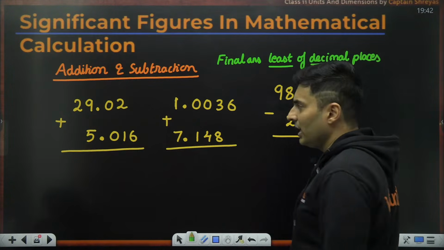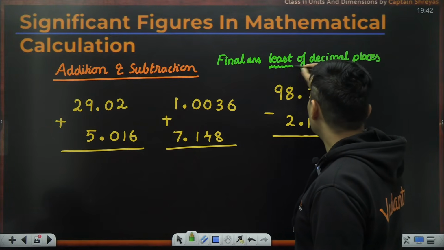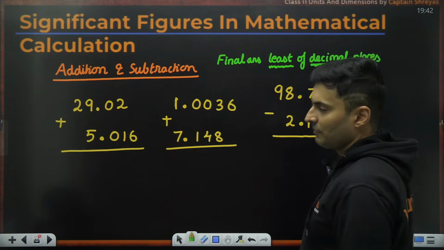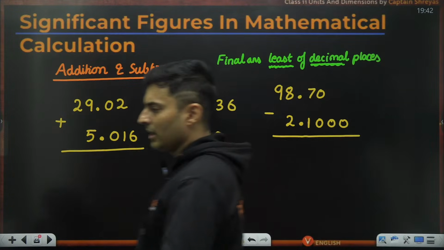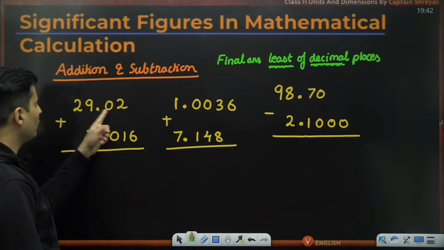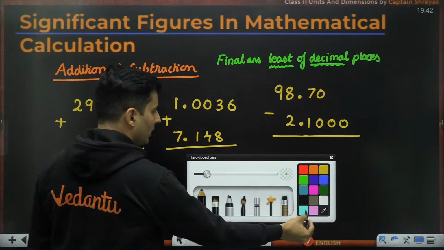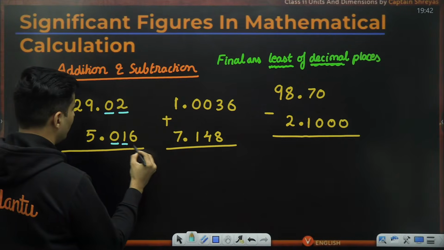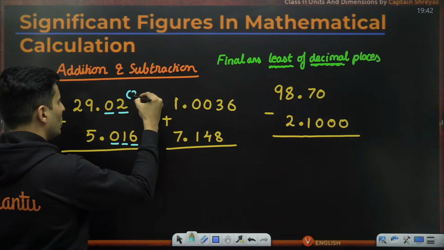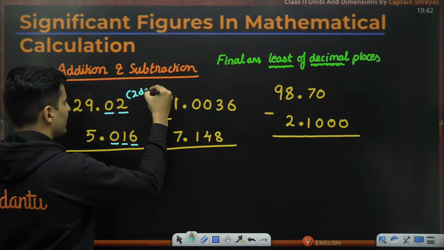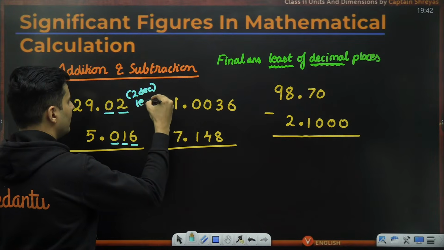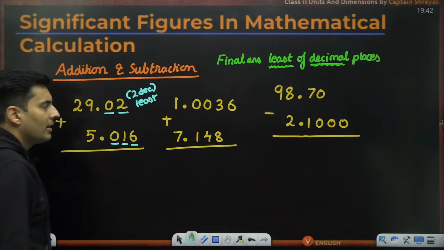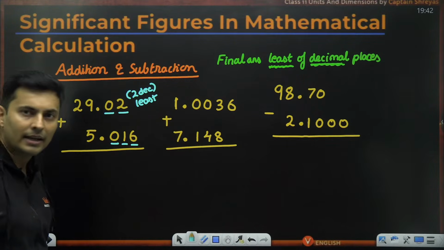Very, very important. Least of the decimal places. Read it again and again. Here, if you notice, we have 2 decimal places. Here we have 3 decimal places. So 2 decimal places is basically the least of the 2 numbers being added.